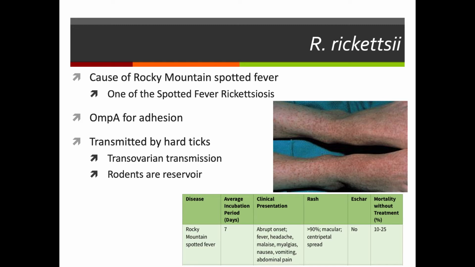In contrast to the borrelial spirochetes that cause Lyme disease, in Rickettsia rickettsii, an infected adult female tick can pass the Rickettsia bacteria to her eggs. We call that trans-ovarian transmission. So remember the hard tick life cycle. We have an egg which hatches into a larva, which will molt into a nymph, which will molt into an adult.